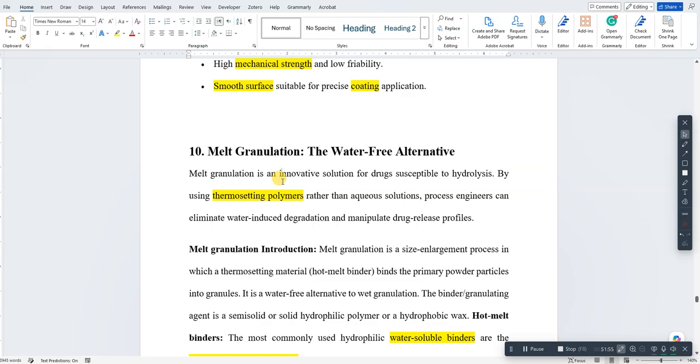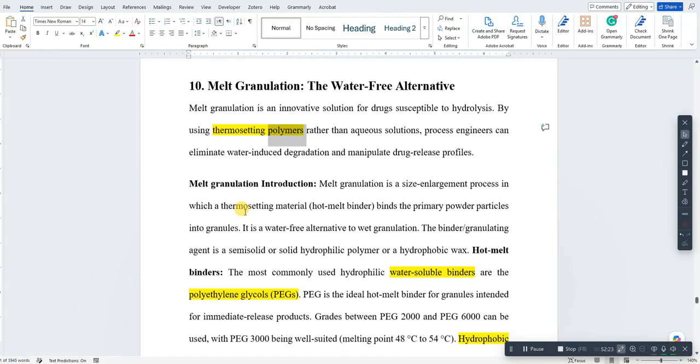So in this process, in addition to the drug and other excipients, we are adding a polymer. This polymer will act as a binder between the particles when it melts or after melting solidifies. And this polymer is also important to control the drug release. You see how? So it's a binder controlling the drug release.